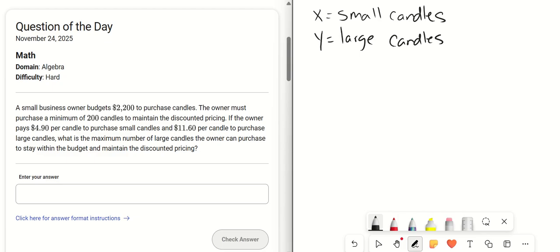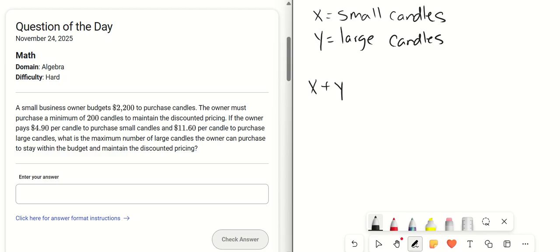So for a system of equations, we need to set up at least two equations, or in this case, inequalities. One of the most common ways that you're going to set up your first equation or inequality is x plus y. This has to do with the total number of items that you're going to have.